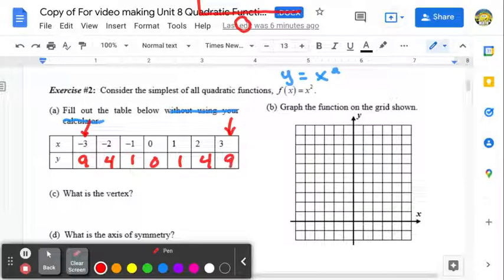Okay, and now I'm going to plot these points. The first is -3, 2, 3, 4. -3, 9. -2, 4. Now, a quadratic, or the graph of a quadratic is called a parabola, so you'll hear me use that word sometimes.